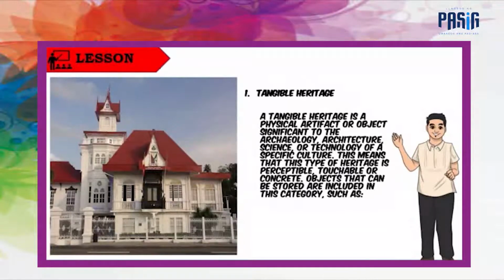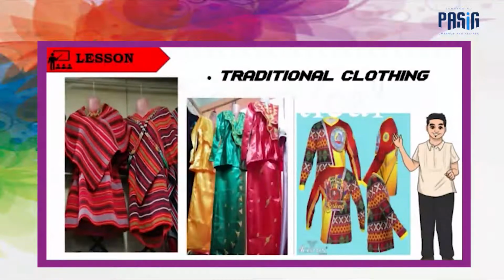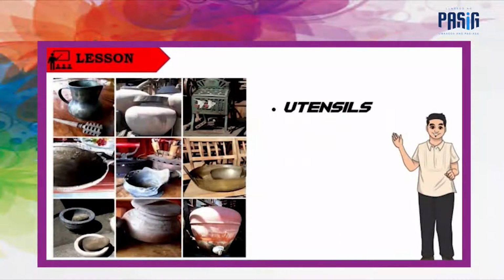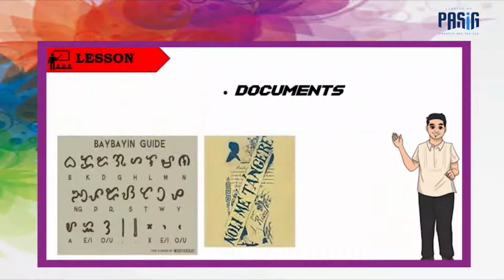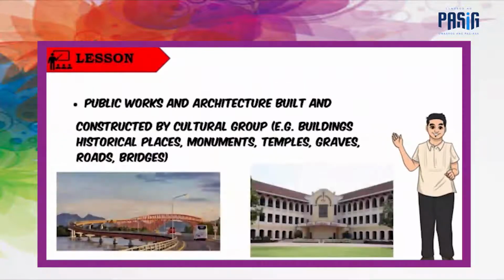Objects that can be stored are included in this category, such as traditional clothing, utensils, vehicles, documents, public works and architecture built and constructed by a cultural group. Examples are buildings, historical places, monuments, temples, graves, roads, and bridges.